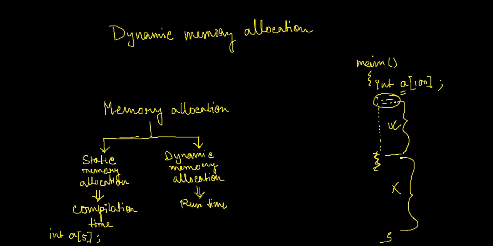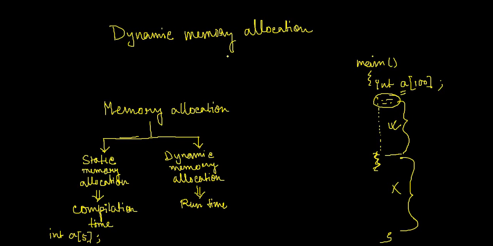If you go for dynamic memory allocation, how can we do this? Static memory allocation we are habituated to, so there is nothing new to realize about how we declare memory statically. But dynamic memory allocation is new to us. So how to do this?